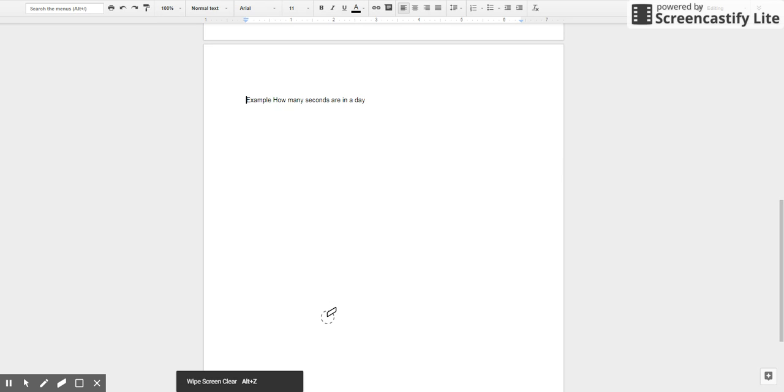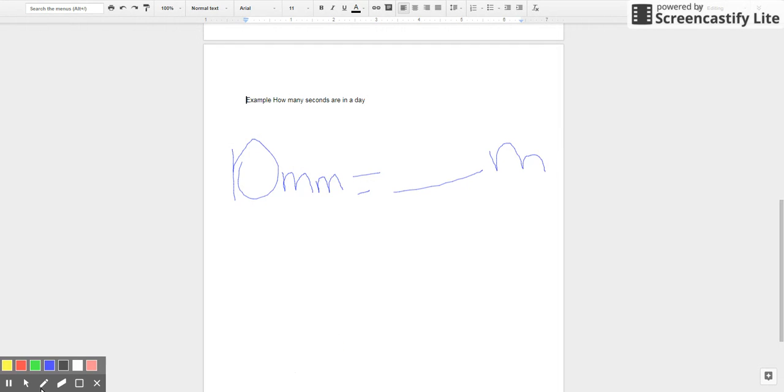Let's try doing 10 millimeters. And this one's also not on your sheet. 10 millimeters to how many meters? Okay, I'm going to scroll back up, or you can look on up, and you can see that millimeters is smaller.